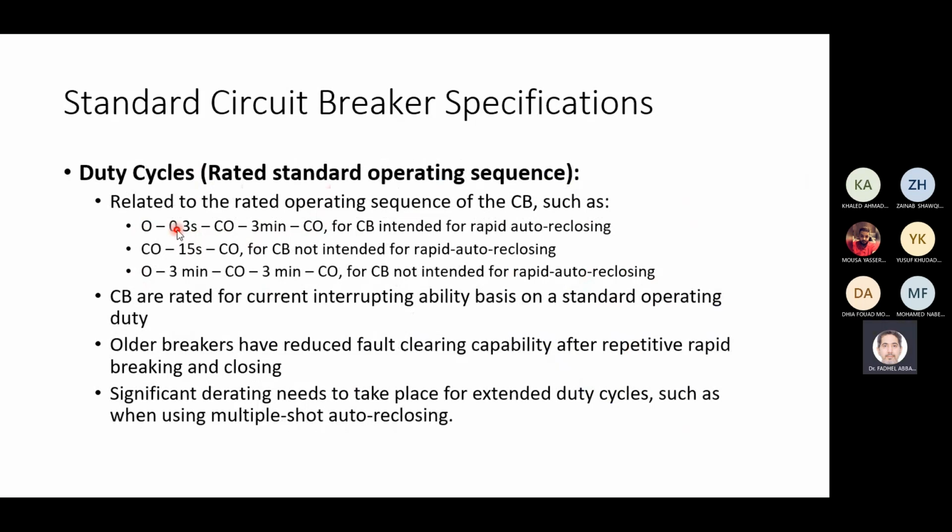Then after 0.3 seconds, you can close it and open it again immediately. Then you have to wait 3 minutes, then you can close and open.